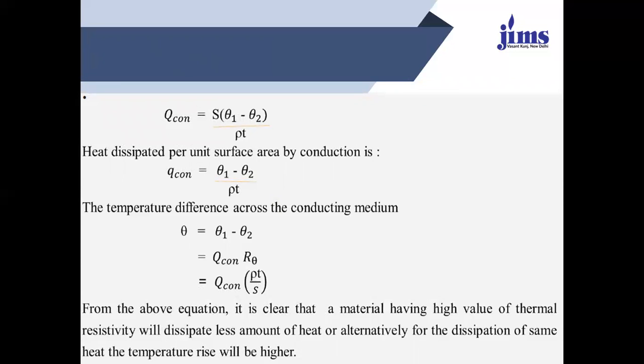Q cond equal to S into theta 1 minus theta 2 upon rho T. Heat dissipated per unit surface area by conduction is also indicated as small q cond equal to theta 1 minus theta 2 upon rho T. The temperature difference across the conducting medium can be written as delta theta equal to theta 1 minus theta 2, or Q cond into R theta, or Q cond into rho T upon S. From the above equation, it is clear that a material having a high value of thermal resistivity will dissipate less heat, or alternatively, for dissipation of the same heat the temperature rise will be higher.